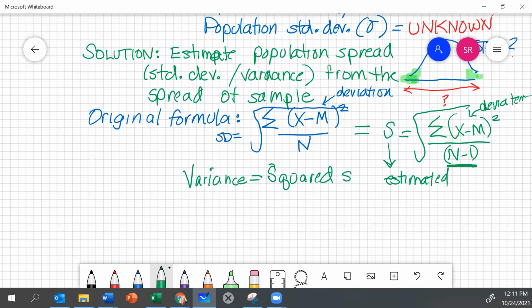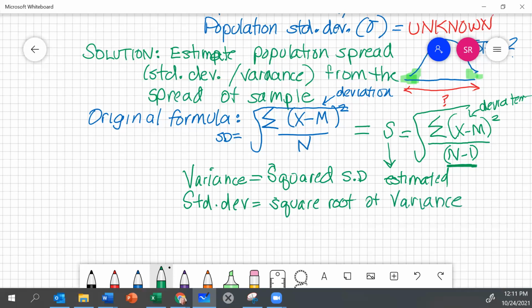I'll just write SD here. And we know that the standard deviation is going to be the square root of the variance.